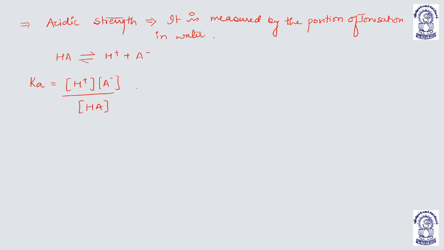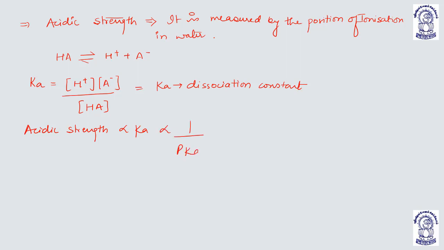Okay, so K is the dissociation constant. The acidic strength is directly proportional to K and inversely proportional to pK, because pK is minus log Ka.